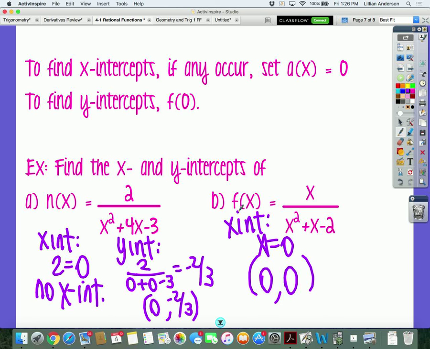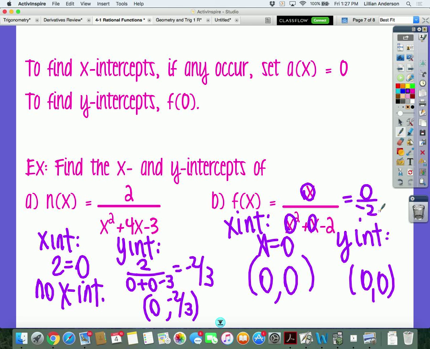Y-intercept is 0, 0, because that's right there at the origin. If you plug in 0, you'll get 0 over 0 plus 0 minus 2. 0 over -2 is always 0. Places we'll find the x and y intercepts.